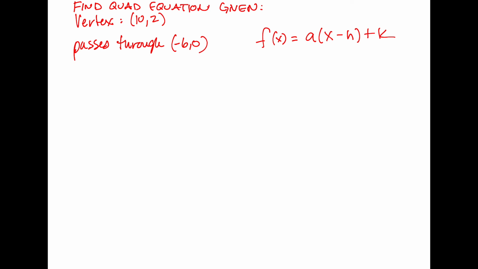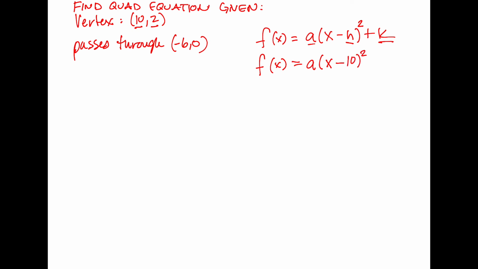If I know the vertex, I already have half of what I need. I have the 10 and the 2 here as my vertex. That means that's my h and k. So right away, I can fill in part of the unknowns, which here represent h, k, and a. I'm given h and k when I'm given the vertex. So now I only have one more goal to achieve.